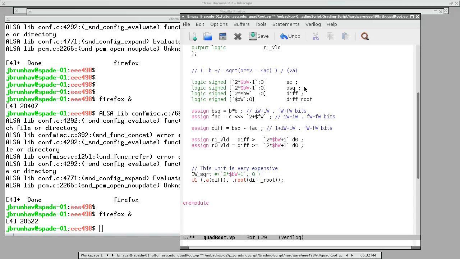These are each 2 BW bits. The way we've defined this is that this is 2 times BW, and then we're omitting the -1. So this is equivalent to 2 BW plus 1 bits.